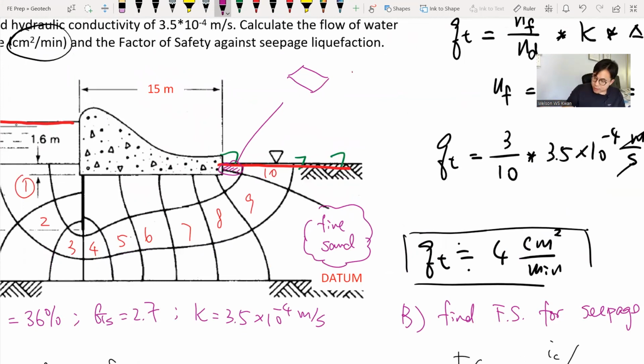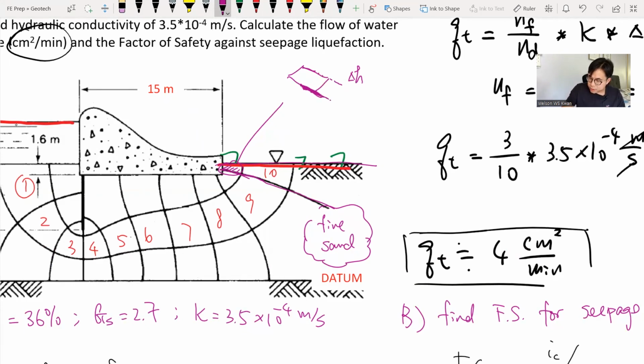So we want to find the change of water head in this grid, which means the water head entering this equipotential line to exiting this equipotential line.